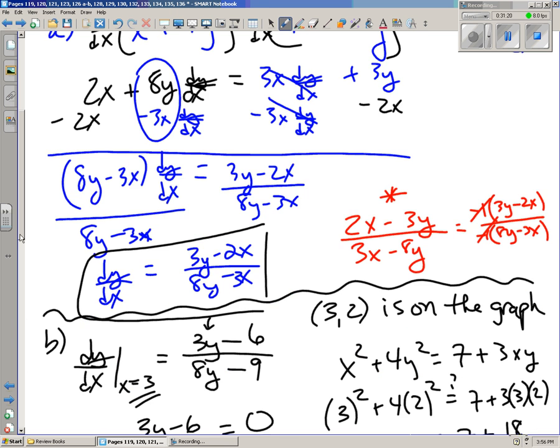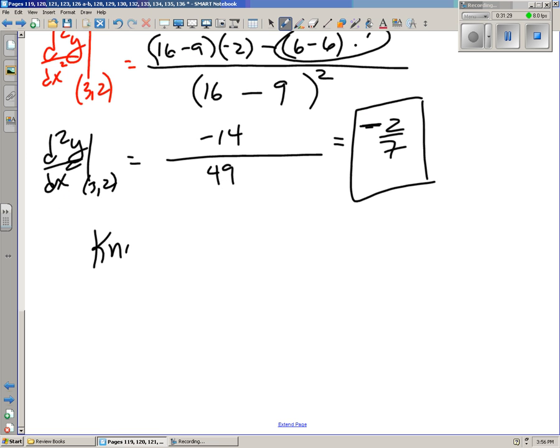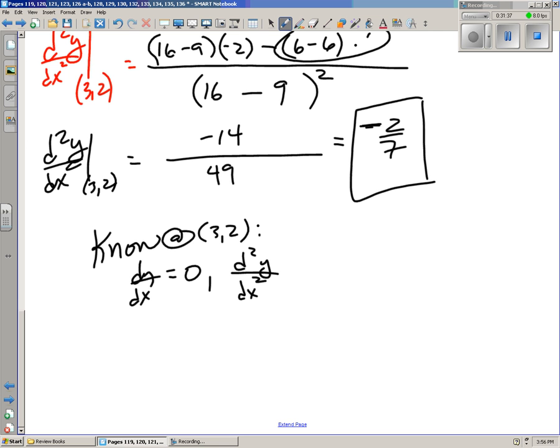Justify your answer. They're giving us the second derivative for a reason. So these are the things we know at the point. We know at 3 comma 2, we have the following. The first derivative is 0. Second derivative is negative 2/7.